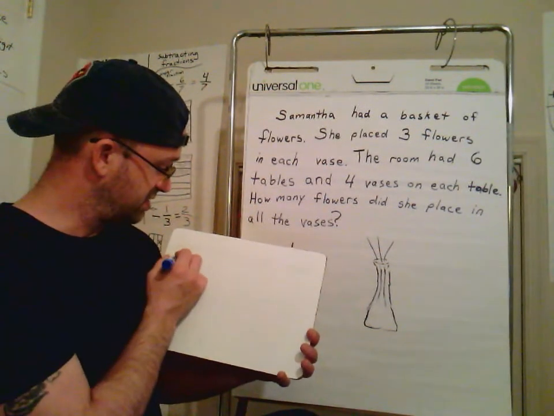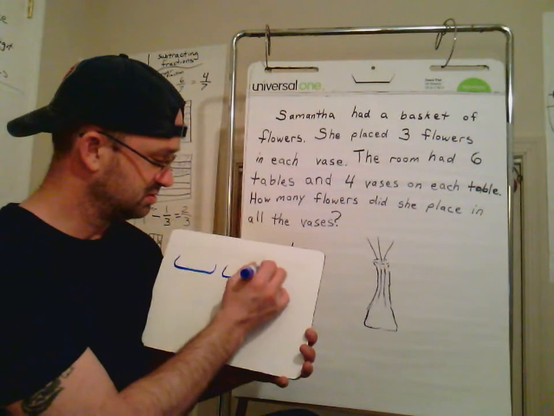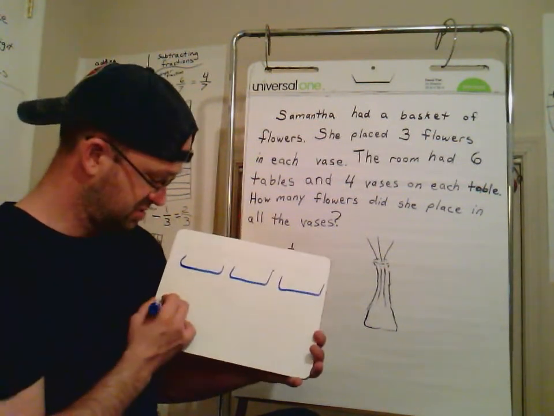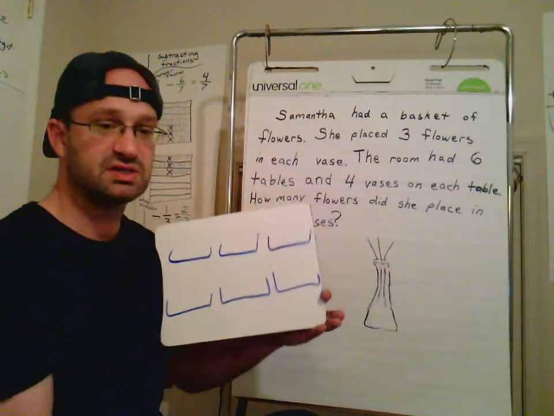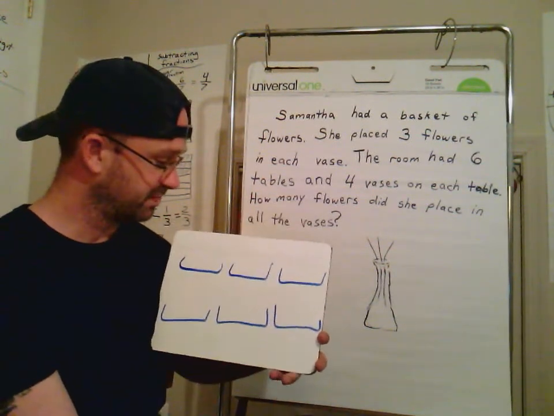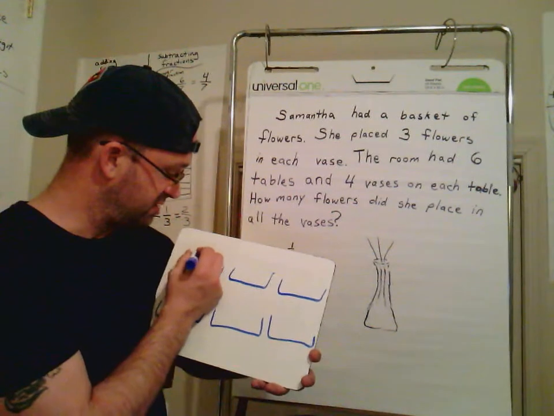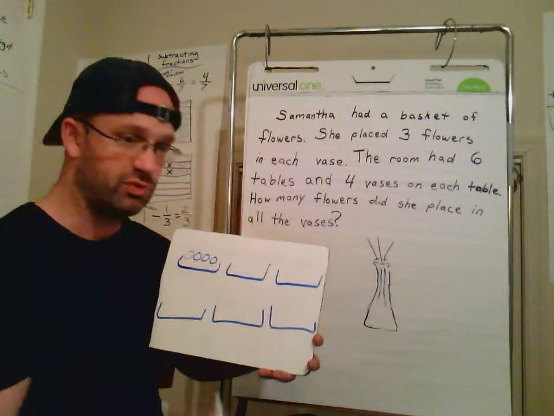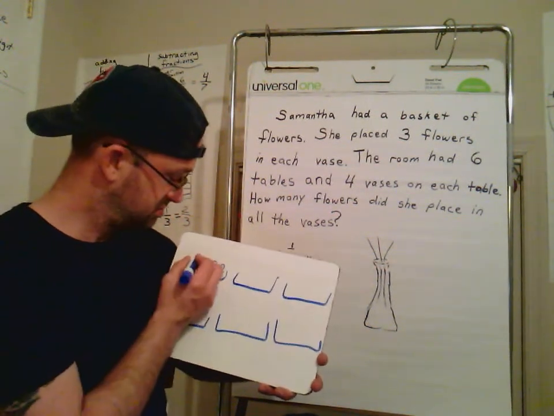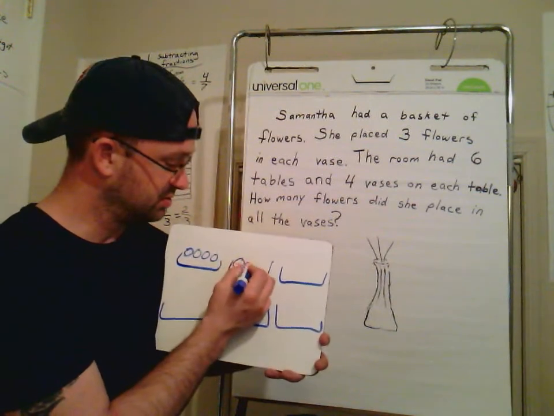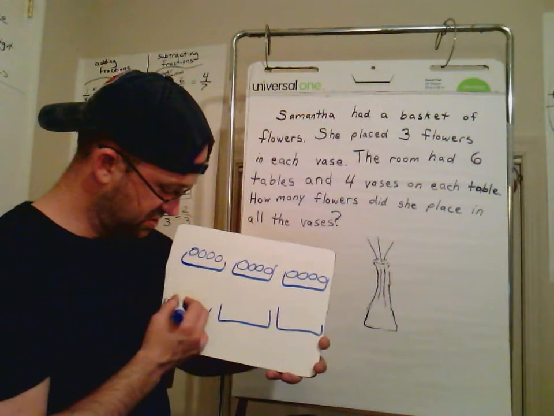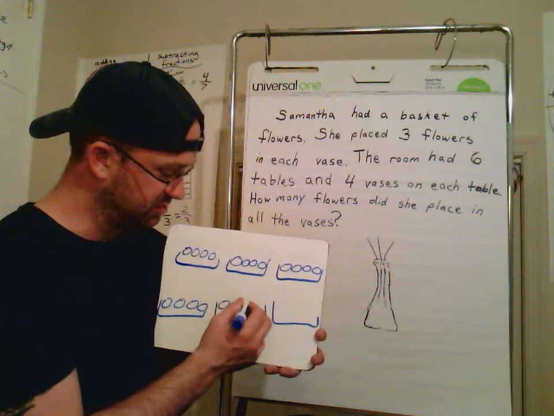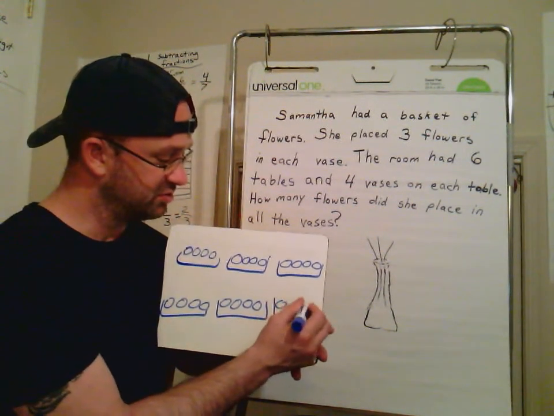So they start off with 1, 2, 3, 4, 5, 6. 6 tables. In each table they have 1, 2, 3, 4 vases. 1, 2, 3, 4, and so on for each table.